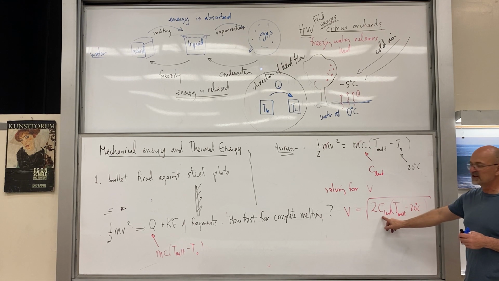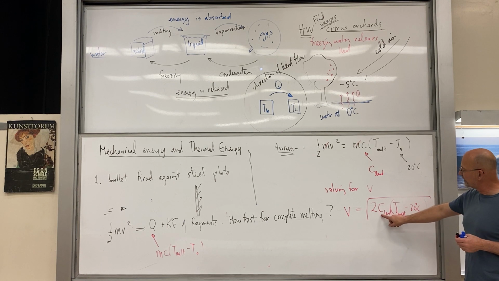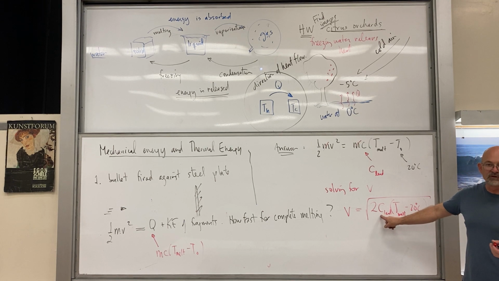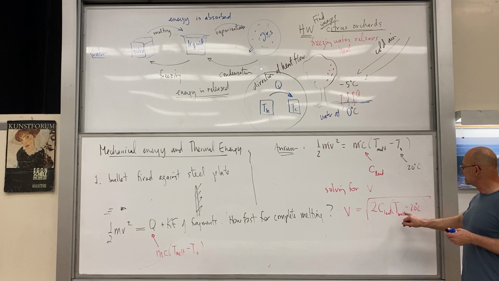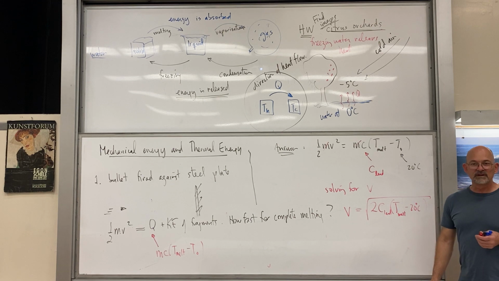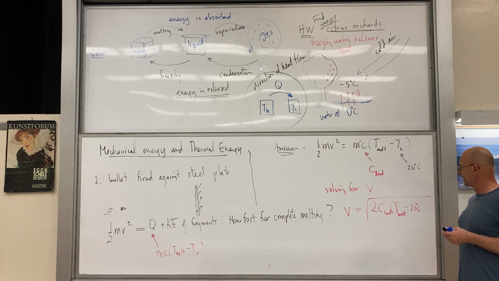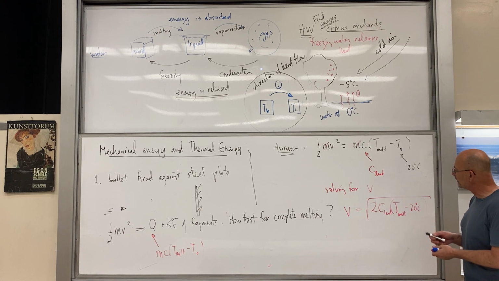So actually, you can do this pretty easily. Just look up the specific heat of lead. It's very small, like 100 or 200 or something, a couple hundred. Melting temperature of lead, it's only a few hundred degrees Celsius. You know what, I'm going to call this homework.